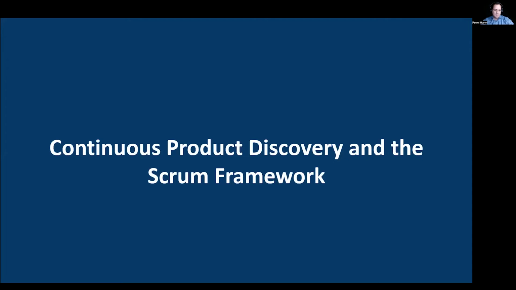Okay, and now you may wonder, this is the reference to Scrum that I would like to make, because most of us, I assume, work or have worked in Scrum in the past. So how to combine continuous product discovery with the Scrum framework? Let me present you a few quotes.